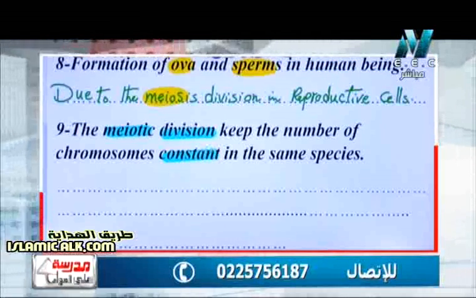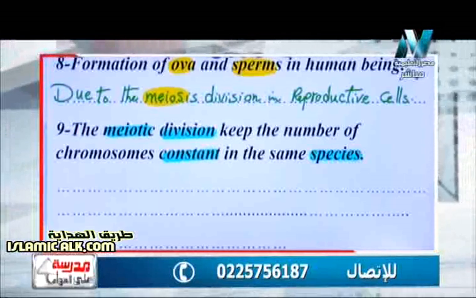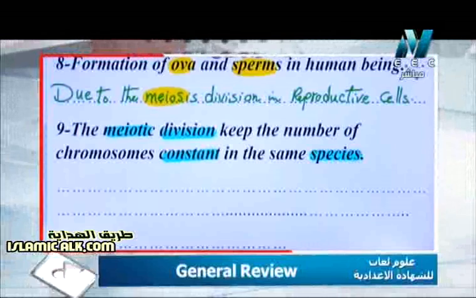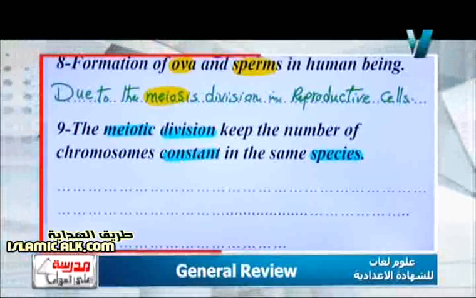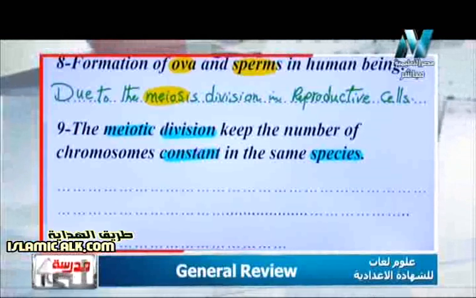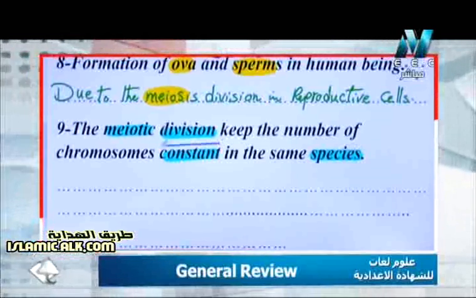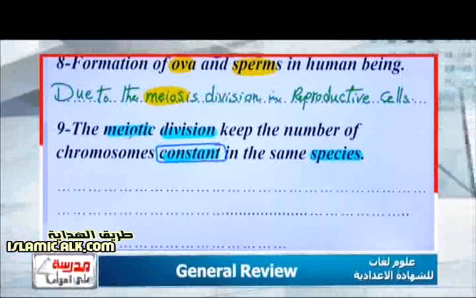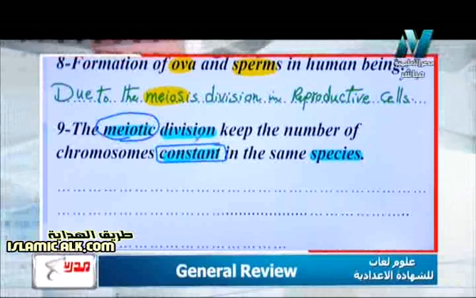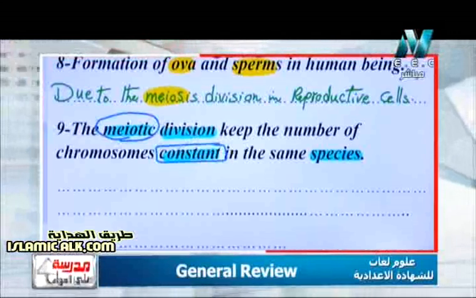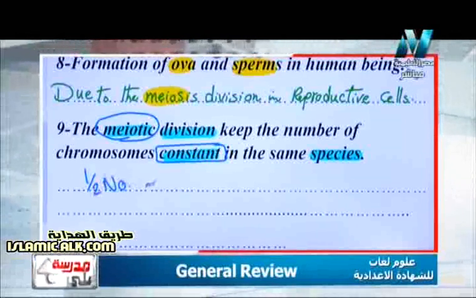How come in the same species في نفس النوع او في نفس الفصيلة يعني. طبعا احنا as numbers we have no numbers in third prep. في ثالثة اعدادي ما عندناش ارقام يعني مثلا number of chromosomes in human 46, in gorilla 48, in dog 78. الارقام مش علينا بس هو بيقول لي ان كل نوع او كل فصيله has constant number of chromosomes. طب ماشي باي ايه؟ باي meiotic. السؤال ده فيه غلطه؟ لا طبعا ما فيهوش غلطه. هنا meiotic division produce cells what have half number of chromosomes. صح؟ half number of chromosomes.